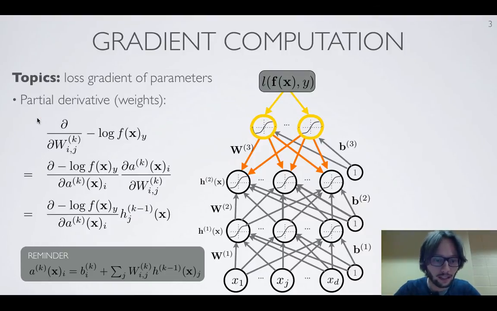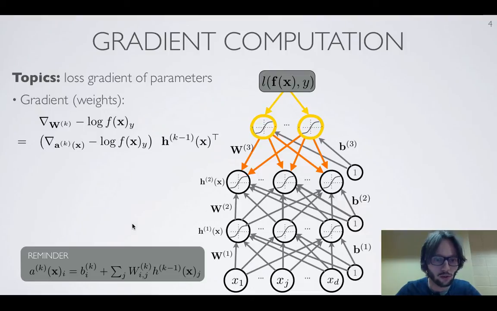Now if we go back in the expression, we see that this partial derivative for the element at row i and column j is just a multiplication of the pre-activation partial derivative for neuron i times the activation value of the jth neuron at the layer below.